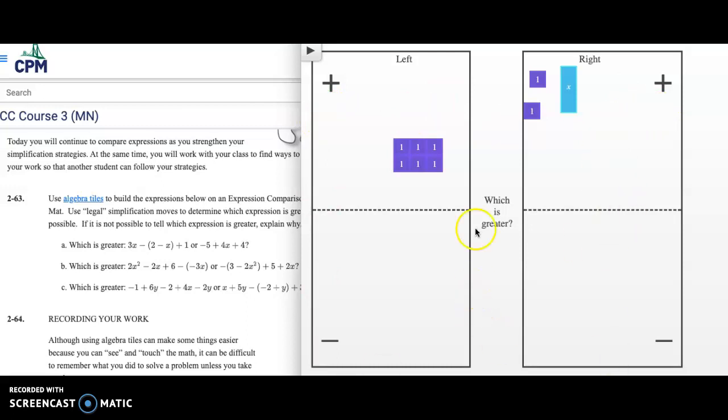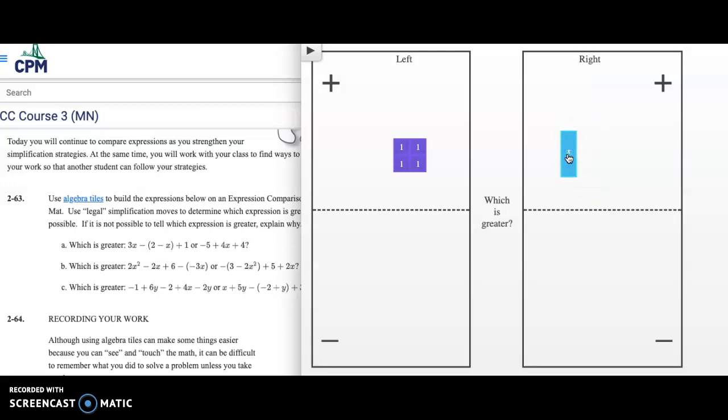And now I see that I could remove positive 2 and positive 2 from both sides as well. All right, so now I'm left with 4 ones on the left and an x tile on the right.